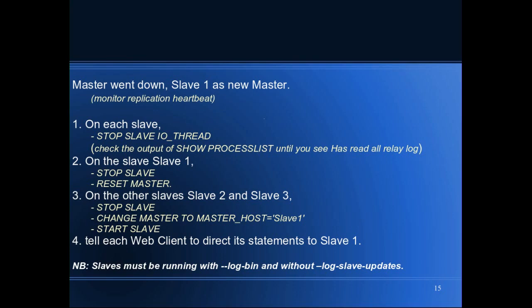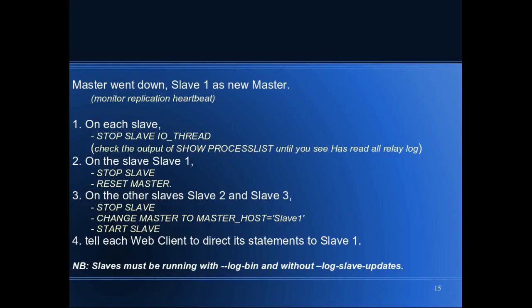If we want to promote slave 1 or maybe slave 2 or slave 3, any of them as a new master, then we have to reset this master, because we have to delete this statement from this particular slave. If it's pointing to someone else, master 1, it acts like a slave, isn't it?